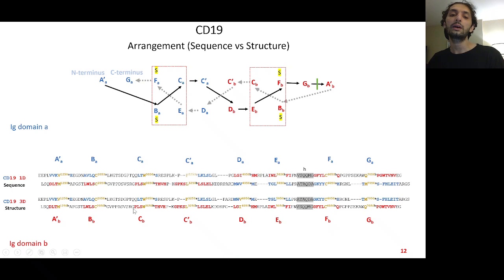And you see that they are highly conserved, and that they have the typical Ig characteristics, such as the presence of the disulfide bond between B and F, but also the presence of tryptophan on the strand C. And you can also see here the helix conservation between the two domains. This is a small helix that is present in the same position with respect to one another.